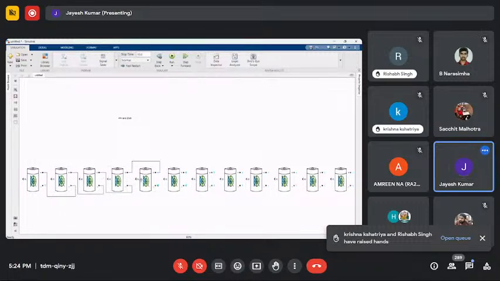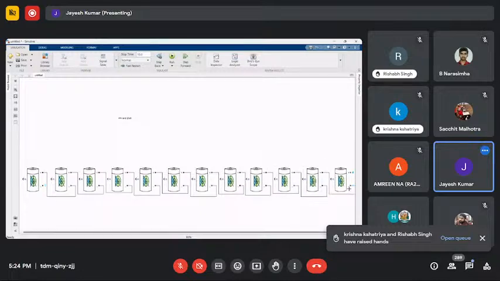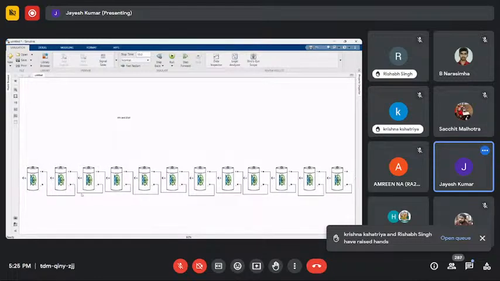It will take a few minutes. So I designed the battery pack.